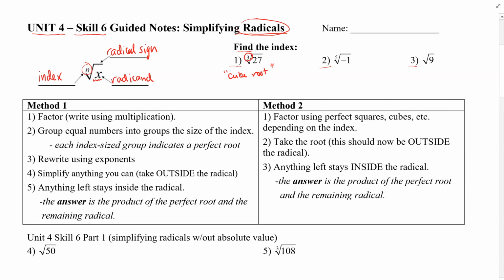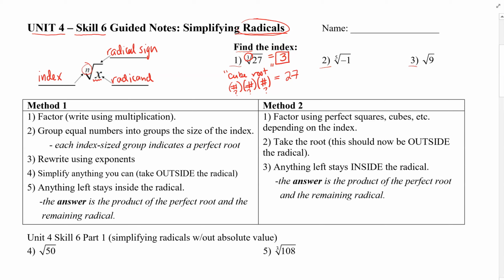And what that means is we're trying to figure out what number would multiply by itself 3 times to equal 27. Like, that's what we're trying to figure out. What number would that be, that if I multiplied it by itself 3 times equals 27? So hopefully you guys are thinking about it right now.